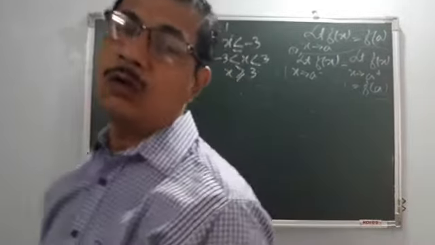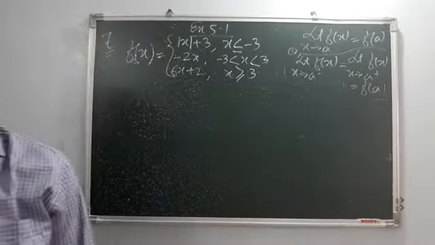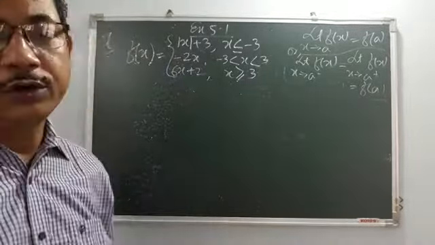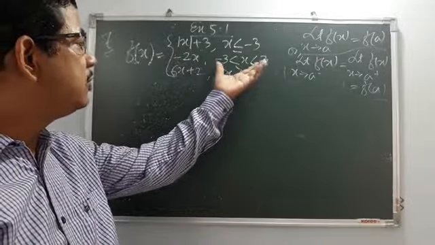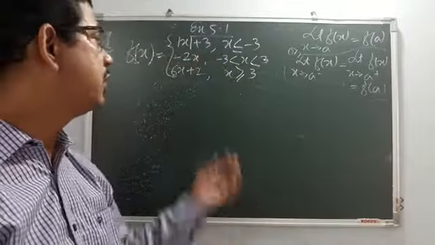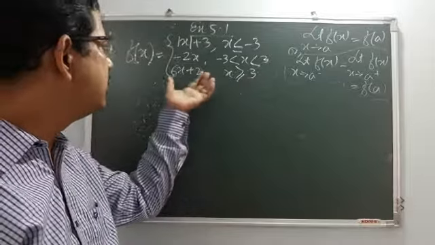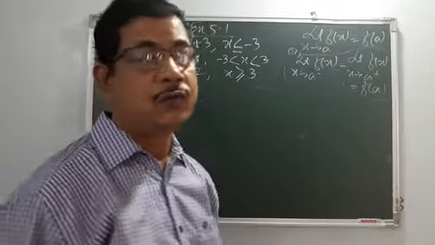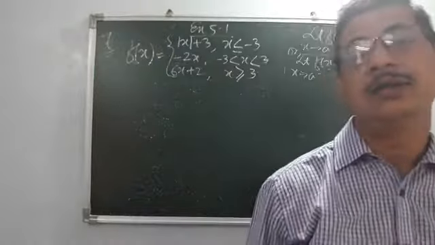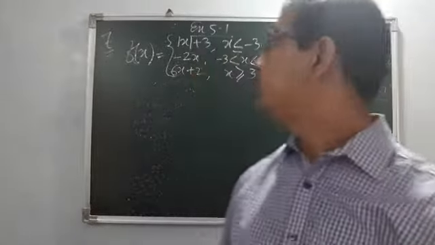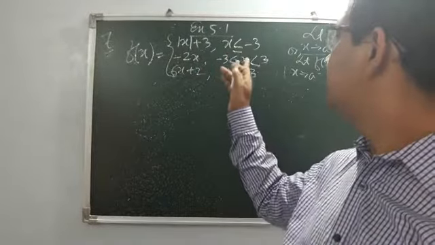Modulus x plus 3 also can be treated as a polynomial part. So this is continuous. In between minus 3 and 3, this is continuous as it is a polynomial. For greater than 3, this is also continuous. So for those three parts, it is continuous. So we have to check only minus 3 and 3.